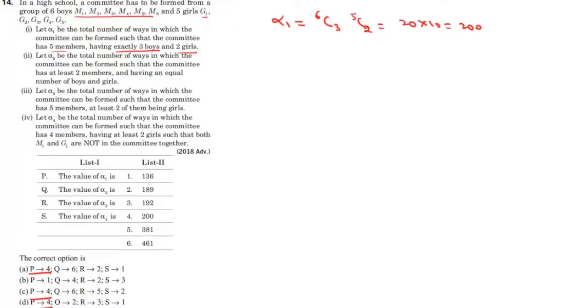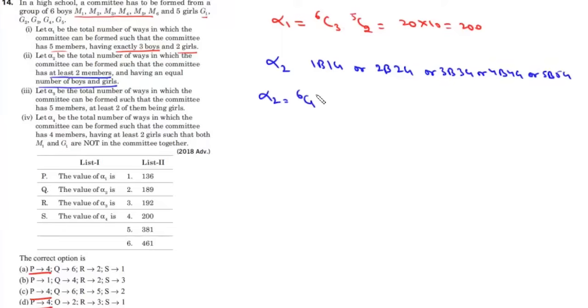Now alpha 2 is the total number of ways in which the committee can be formed such that the committee has at least 2 members and has an equal number of boys and girls. So it could be 1 boy, 1 girl, or 2 boys, 2 girls, or 3 boys, 3 girls, or 4 boys, 4 girls, and finally 5 boys and 5 girls.